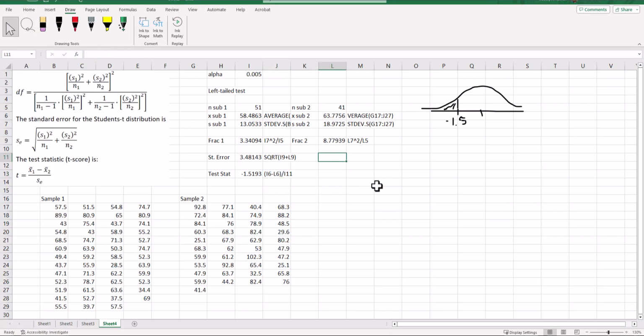But before that, I need to figure out my degrees of freedom. For my degrees of freedom, I've got to figure out what's in the numerator. The numerator is my fancy fraction plus my fancy fraction, and that quantity gets squared.